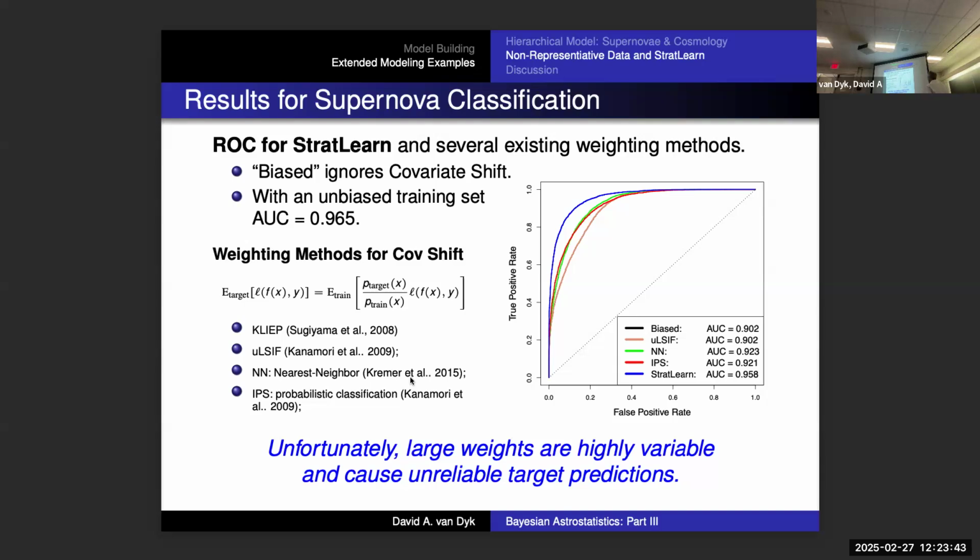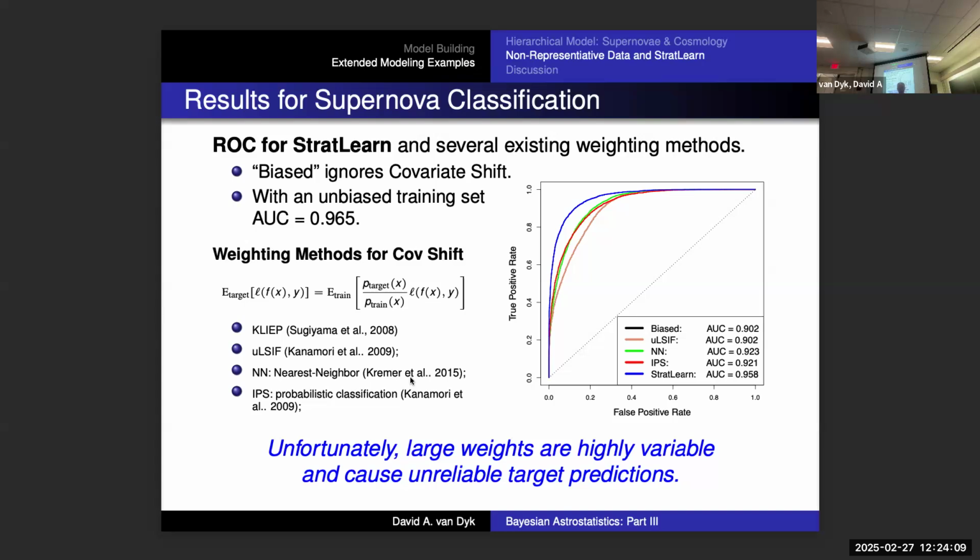The problem with anything like that is that whenever you have a density in the denominator, you have to worry, because if that density is close to 0 for parts of the photometric magnitude space, the weight becomes really unstable.